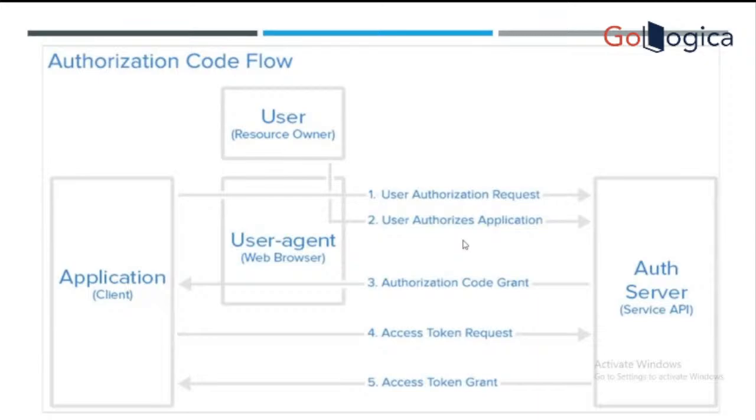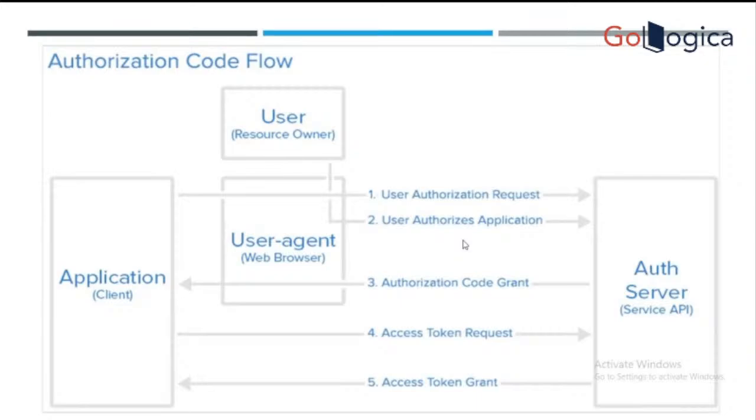Just focus on two boxes right now: the application client, and the authorization server's API box. One is left, one is right. Forget about the middle boxes.